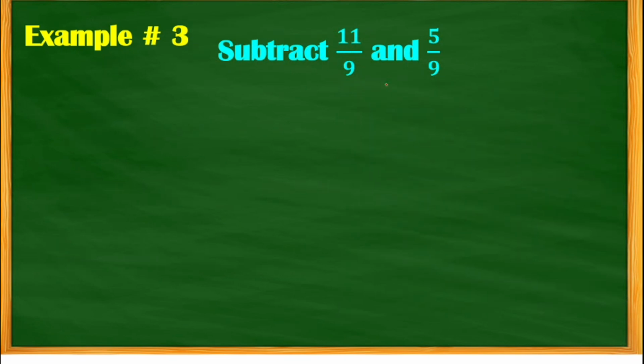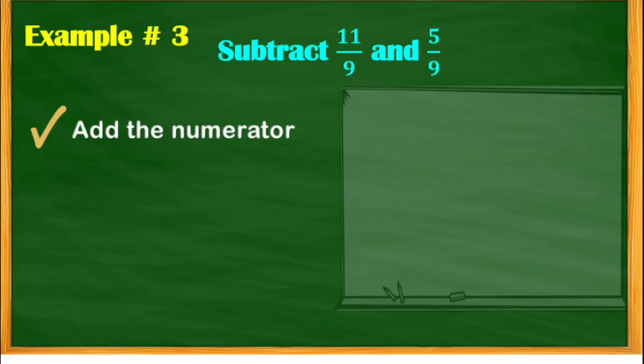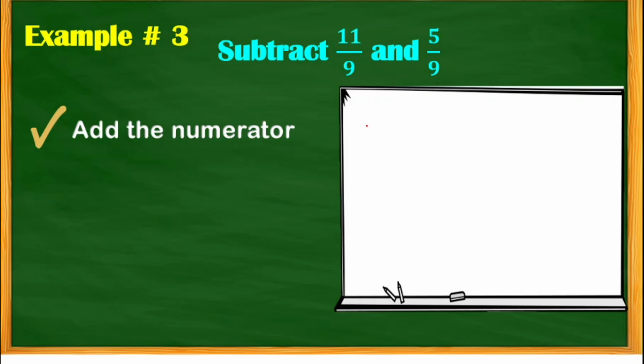So let's have example number 3. Subtract 11 ninths and 5 ninths. So take note, we're going to subtract. So let's change addition to subtraction because the operation is subtract. So 11 ninths subtracted by 5 ninths.